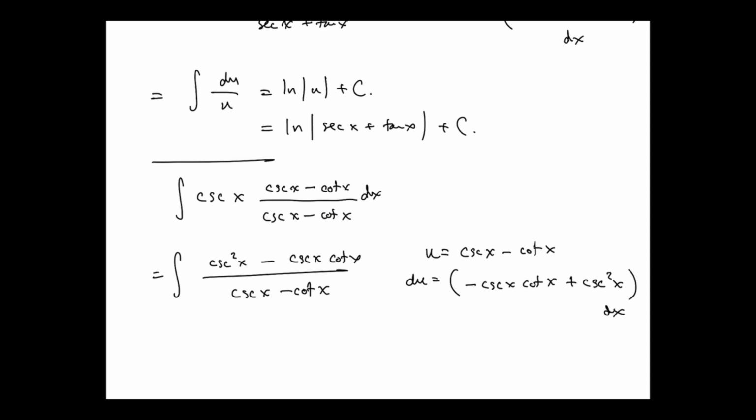Okay, that's why we wanted the minus sign there, because these two things have opposite sign. So now look what we've got here. What is u? u is exactly the denominator. What's du? Exactly the numerator. And I need a dx right there.